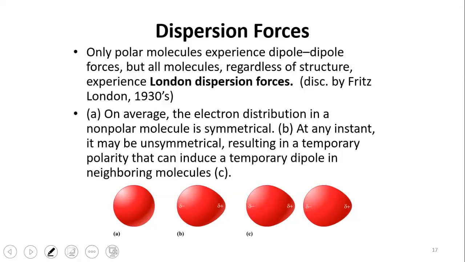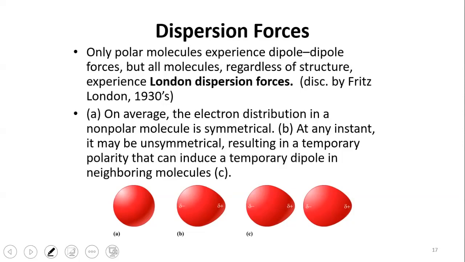Over the span of zillions of molecules in a sample, you may have these temporary dipoles, these distortions of the electron clouds, happening constantly. And so what could happen is that you would have this propagation of these temporary dipoles interacting with each other in a weak form, and this is what we call London dispersion forces.